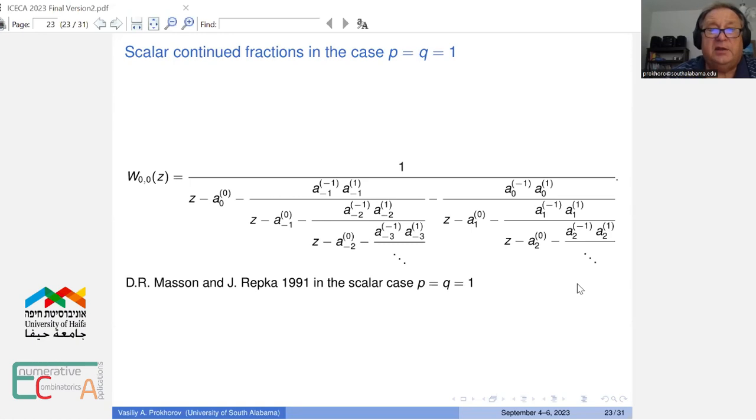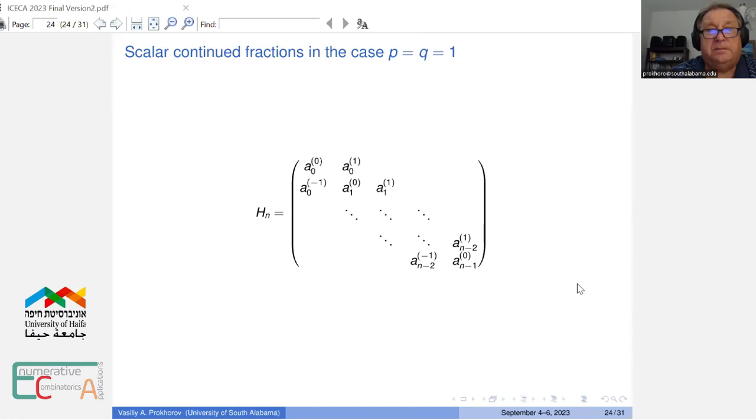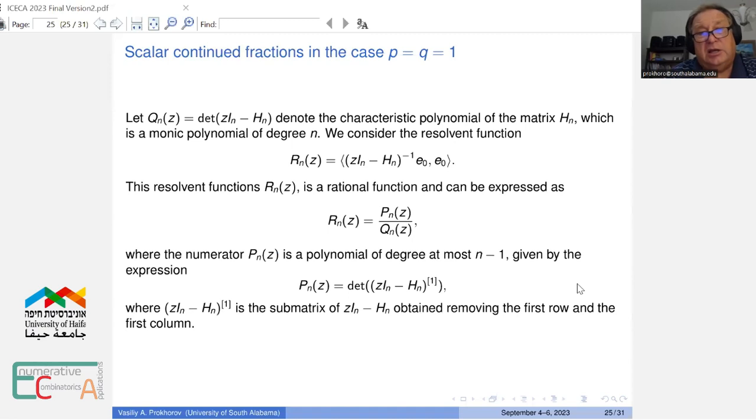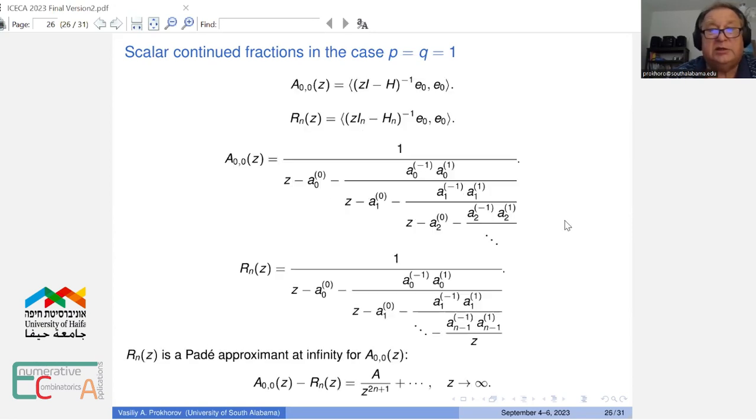This is the formula of Masson and Repka. And now let's take the n by n principal truncation of matrix H. Using this truncation, we get matrix Hn, and we can write the resolvent function for this matrix Hn. It's easy to see that this resolvent function is a rational function whose denominator is the characteristic polynomial and whose numerator is a polynomial of degree at most n-1.